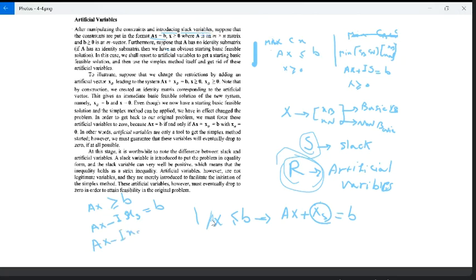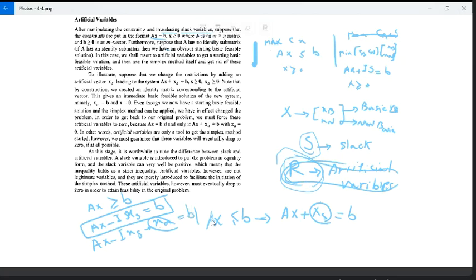We change this constraint to this constraint, adding x_R, an artificial variable, equal to b.